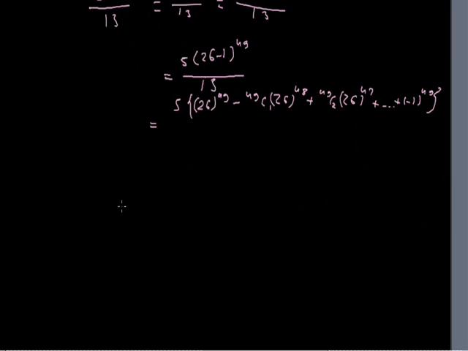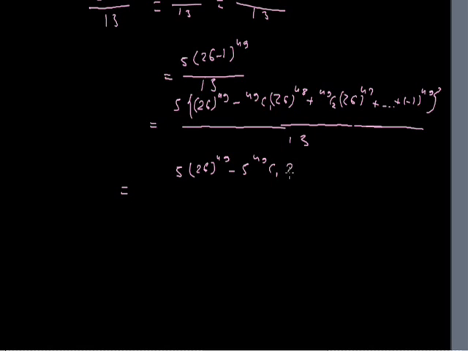Clear? Now divided by 13. Now here, when we multiply the 5 with each term, we get 5 into 26 to the power 49 minus 5 into 49c1 26 to the power 48 plus up to minus 5, divided by 13.